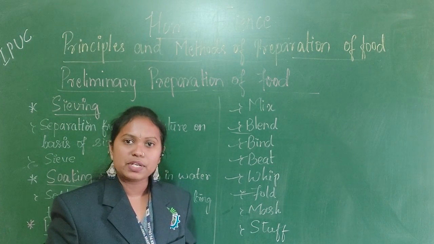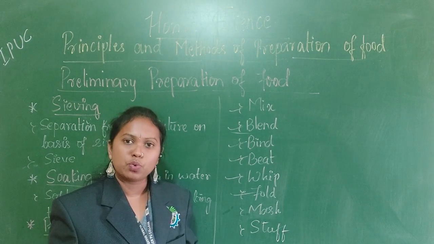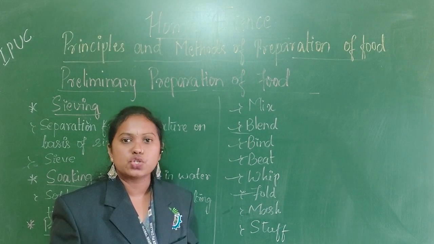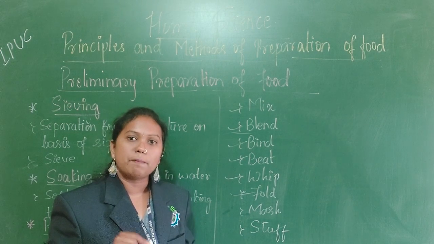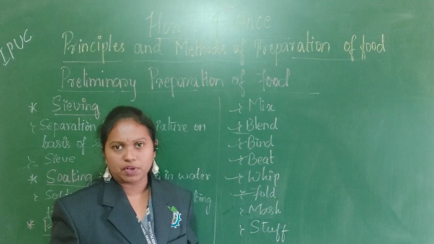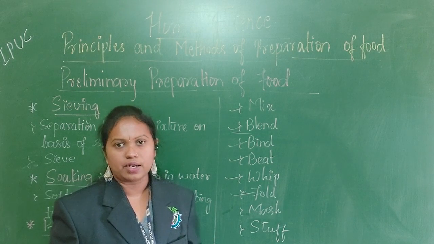This is accomplished by a specific technique of using a spoon to lift the two mixtures together, turning them over so that they combine. Folding is not difficult, but it does take patience and a light hand.